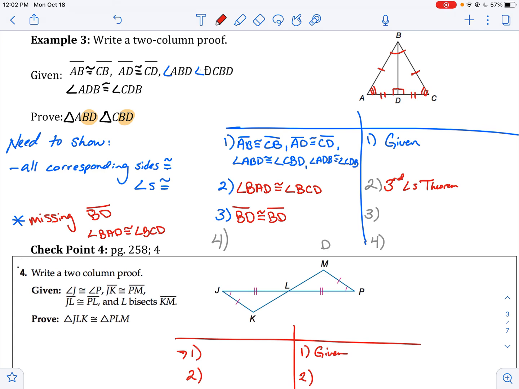Or that something is congruent to itself? Well, if something is congruent to itself, hold on, that's the reflexive property. So I can use the reflexive property to say that those two things are congruent because it's congruent to itself.